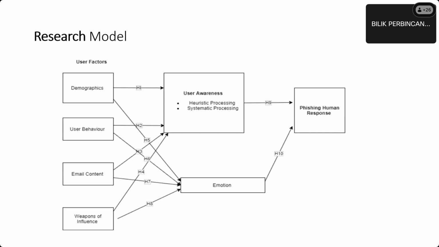By referring to the HSM, the independent variable is the persuasive messages, the user factors. User awareness acts as the mediating variable, which includes heuristic processing and systematic processing. And we added a new variable, which is emotion.